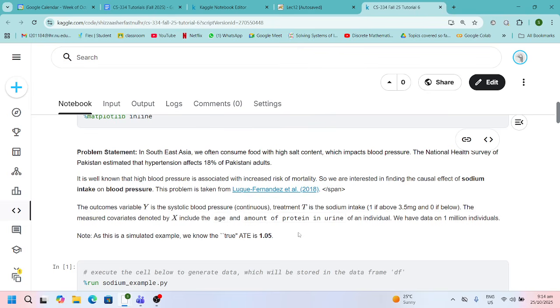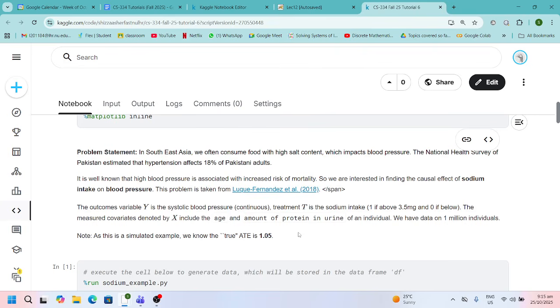On the other hand, if a person is consuming more sodium, they are likely to have more protein in their urine. This is also an association, and in fact, it's a fairly causal association. On the other hand, if a person has high blood pressure, they are also more likely to have protein in their urine. So the problem with this is that now protein is actually acting as a collider.